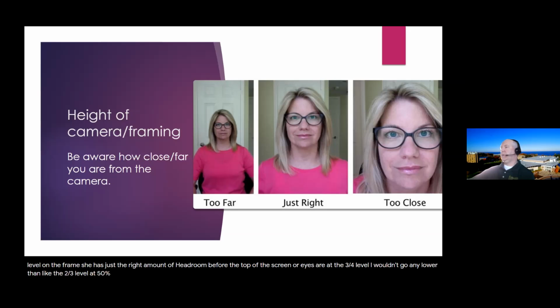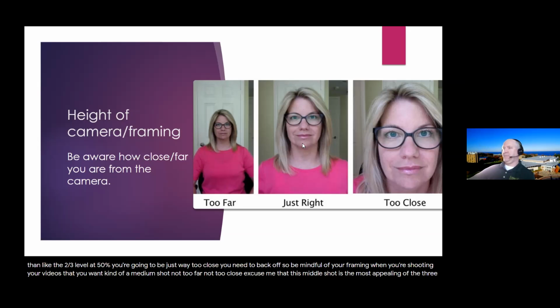At 50%, you're going to be just way too close and you need to back off. So be mindful of your framing when you're shooting your videos, that you want a medium shot, not too far, not too close. This middle shot is the most appealing of the three.